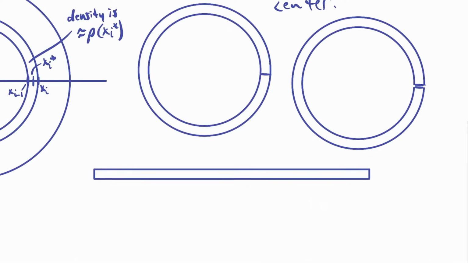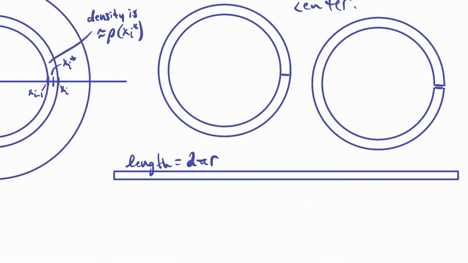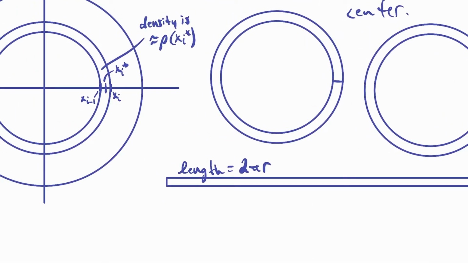Let's pretend that this is the right length, right? The length of this guy, well, that's going to equal 2 pi r, whatever the radius is. Well, that radius is going to be the distance along here.